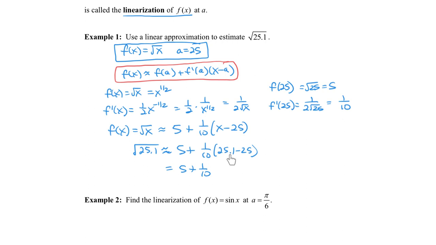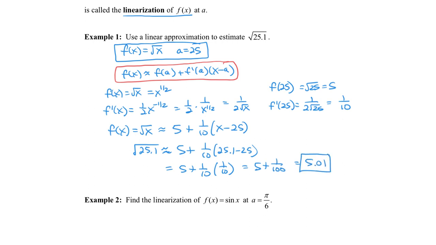Which is also equal to 1/10. So we have 1/10 times 1/10. That's equal to 5 plus 1 over 100, and that's really just 5.01.